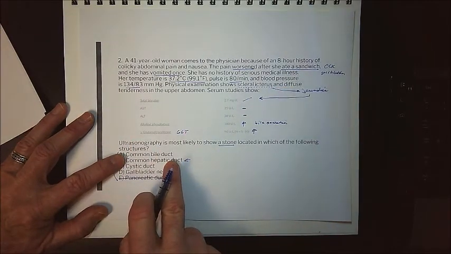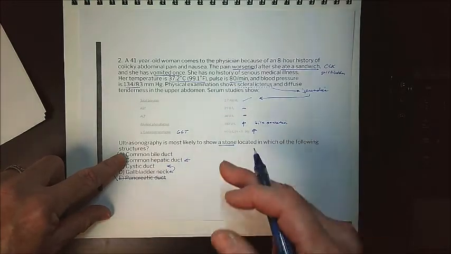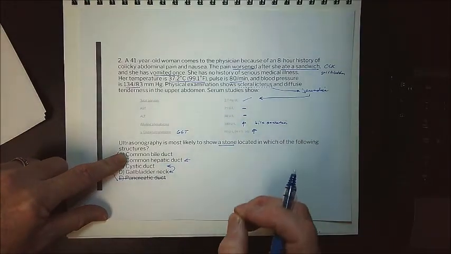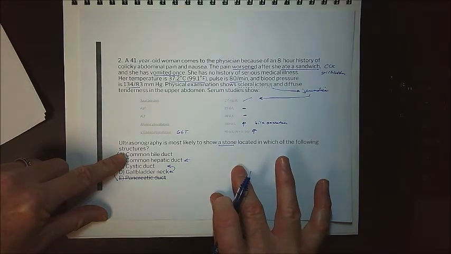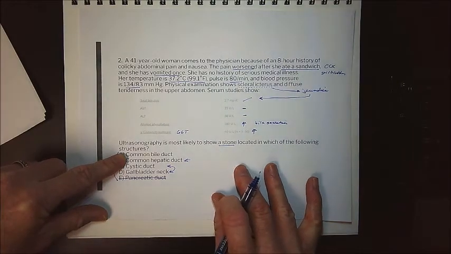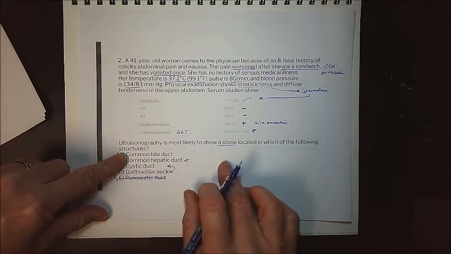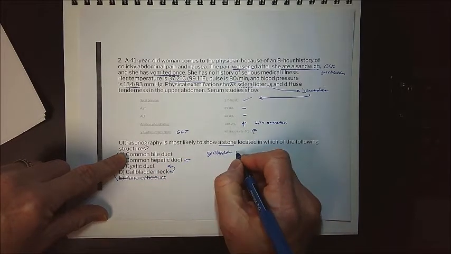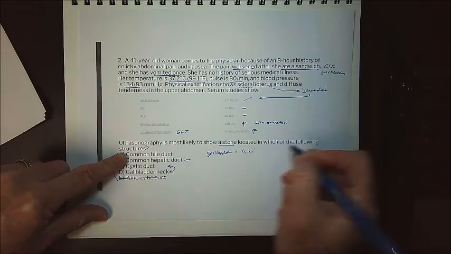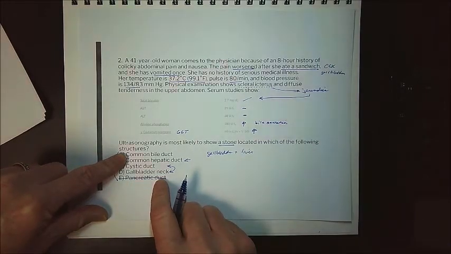Common bile duct. Now we have three ducts that come together. One is the cystic duct from the gallbladder, the hepatic duct from the liver, and the pancreatic duct from the pancreas. The common bile duct is the one that joins the gallbladder plus the liver. Pancreas seems to be fine.